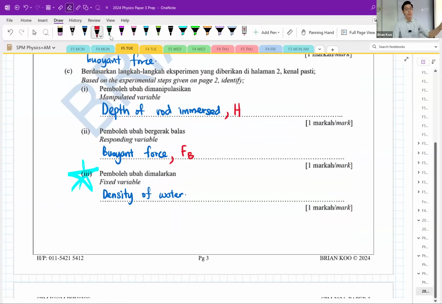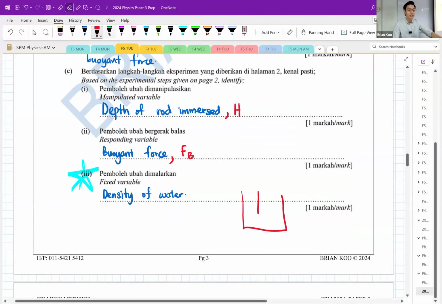No. Those of you who sat for Selangor trials, you know it doesn't affect. What affects buoyant force? How much you submerge. So this water could be 1,000 milliliter, 800, it doesn't matter. It's how much submerged. Okay. So best answer is this. The thing that directly affects buoyant force. Yeah, density.